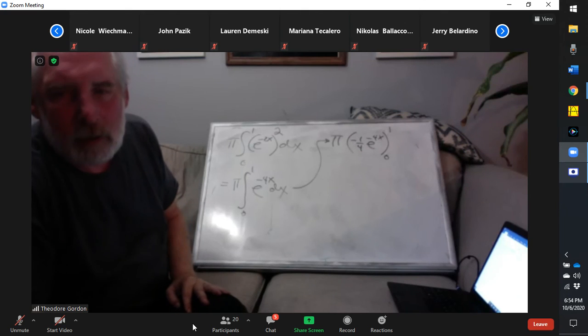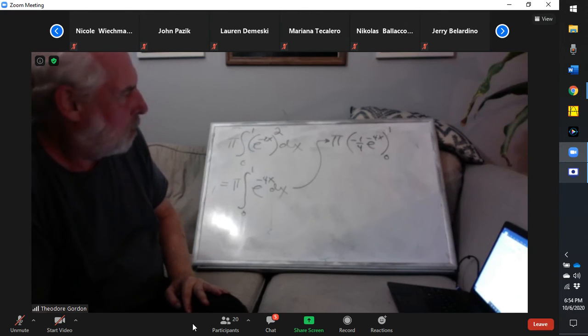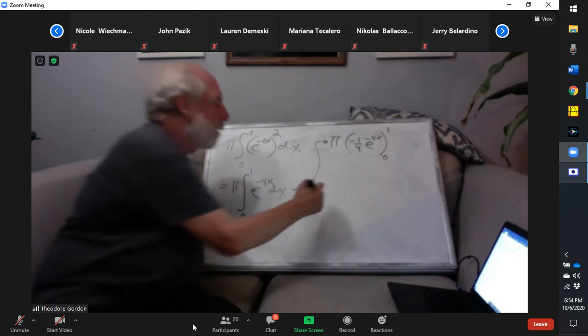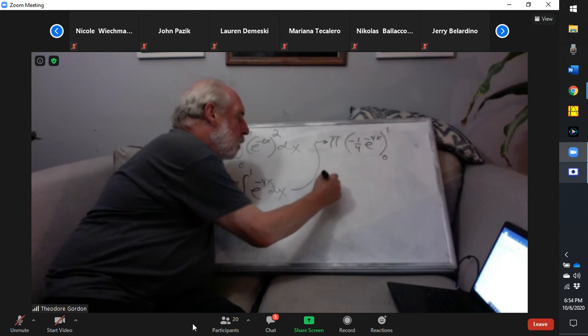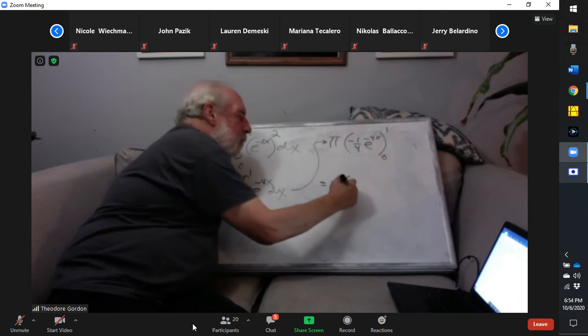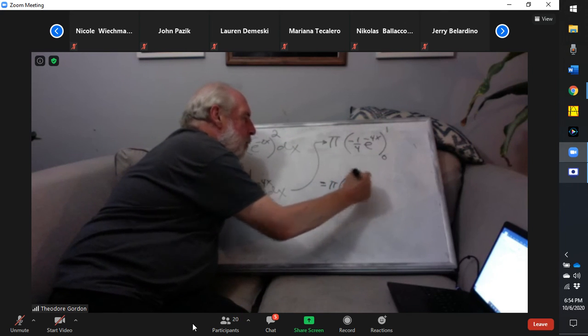Questions on that part? So here's another case when we put in 0, we don't get 0. So our final answer will be, if we put 1 in here, we get negative 1/4 e to the minus 4.